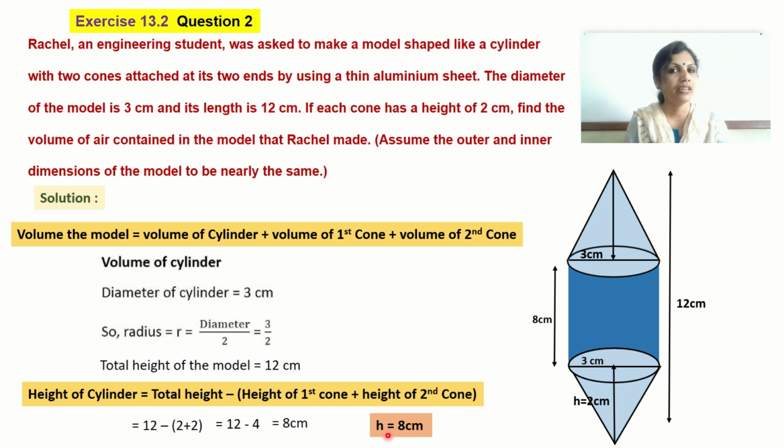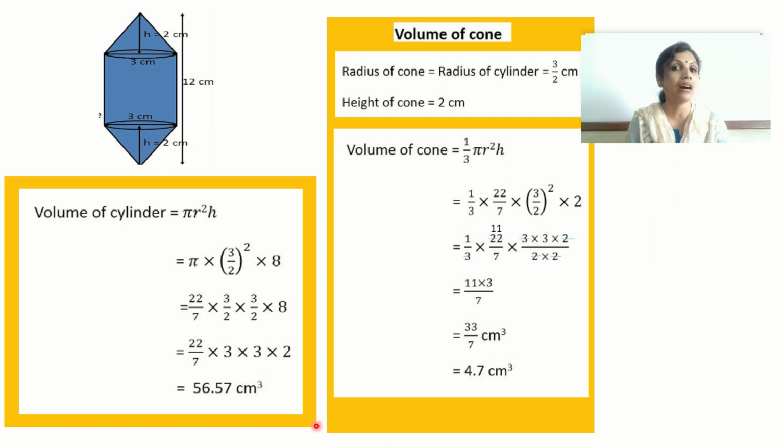So we have the radius of the cylinder, we have the height of the cylinder. So the volume of the cylinder is not difficult. Our formula is pi r square h. Substitute the values. So pi is 22 by 7 into r square, 3 by 2 the whole square, into height 8 cm. So 22 by 7 into 3 by 2 into 3 by 2 into 8. Now solve it.